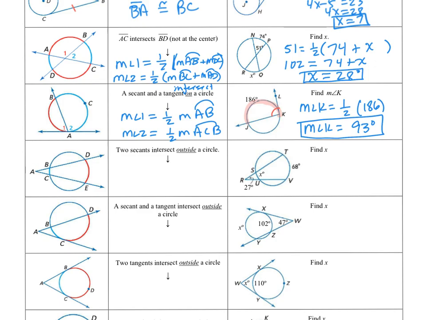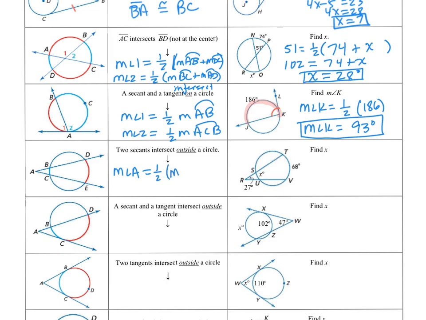So let's look at this first example. We have 2 secants that intersect outside of a circle. So to find the measure of that angle, the measure of angle A, whose vertex is outside the circle, it's going to involve 2 intercepted arcs, this red intercepted arc and this blue intercepted arc. And to find the measure of that angle, we're going to take 1/2 the difference of those 2 intercepted arcs.